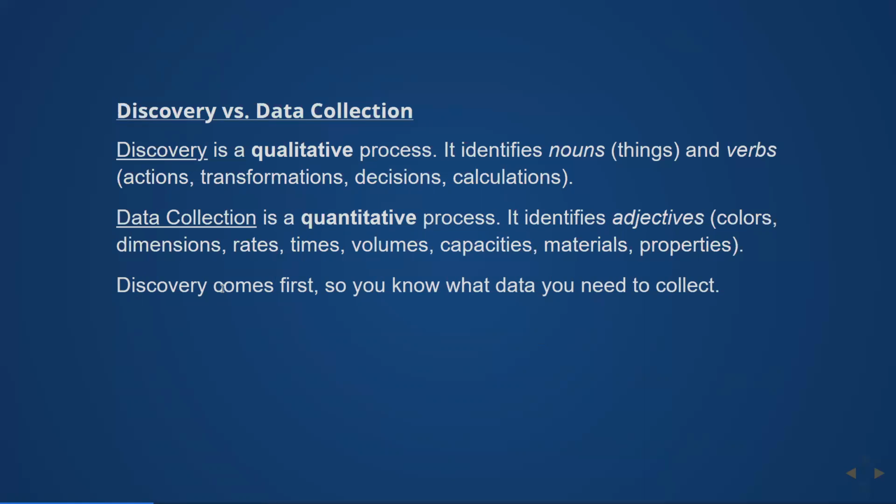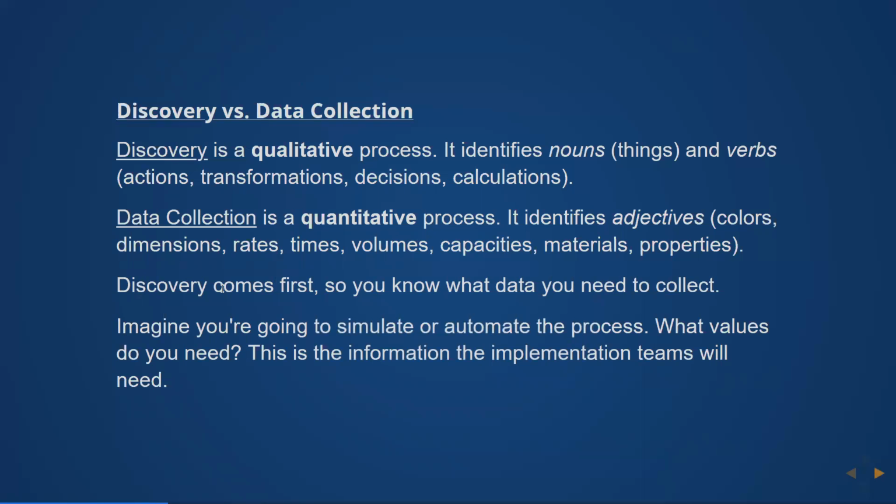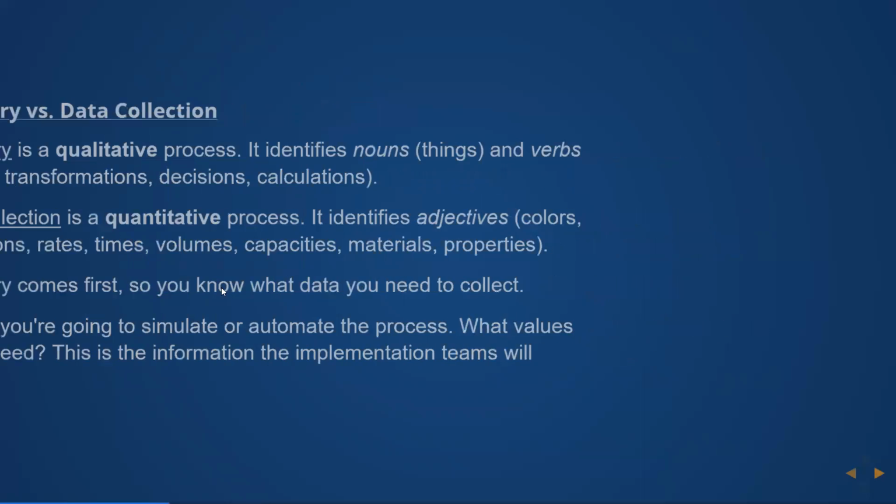So discovery comes first, so you know what data you need to collect to support it and flesh everything out. Imagine you're gonna simulate or automate a process. What information would you need to do that? That drives what you need to learn.